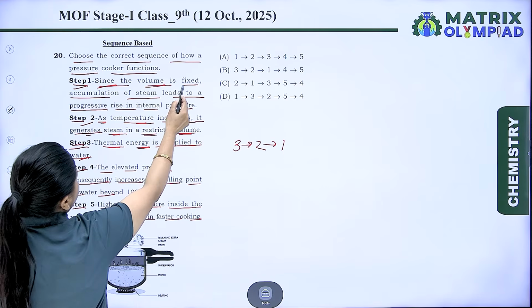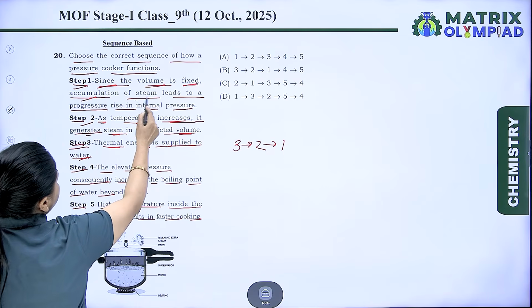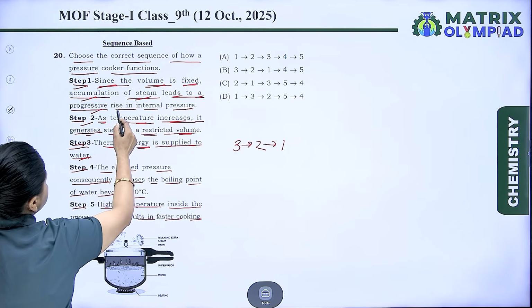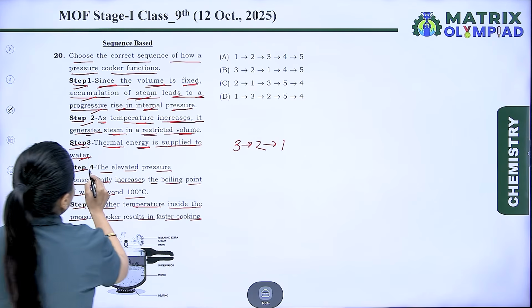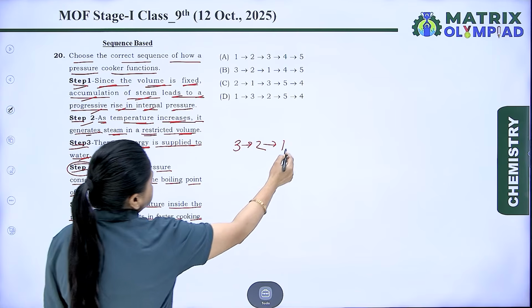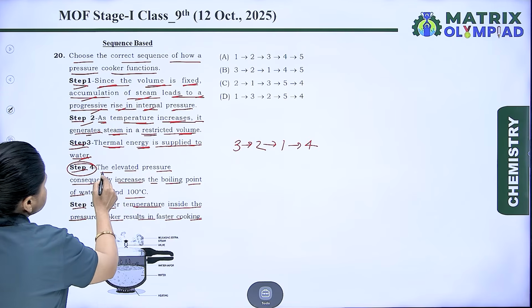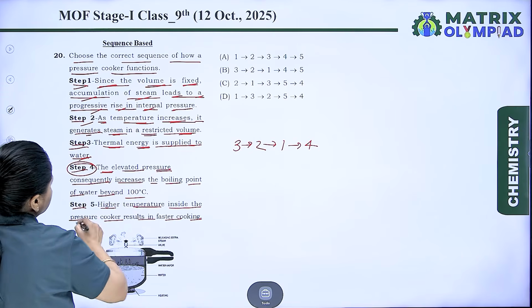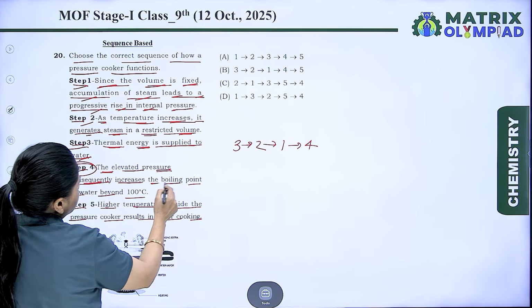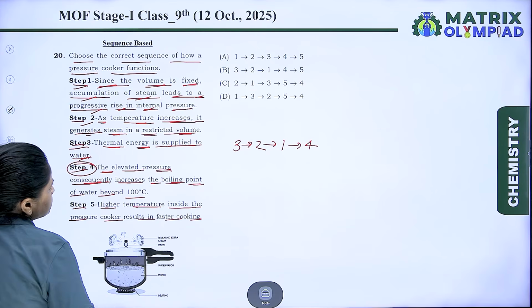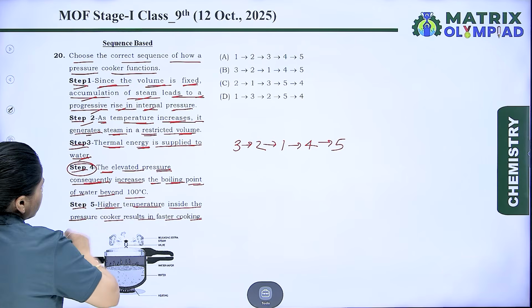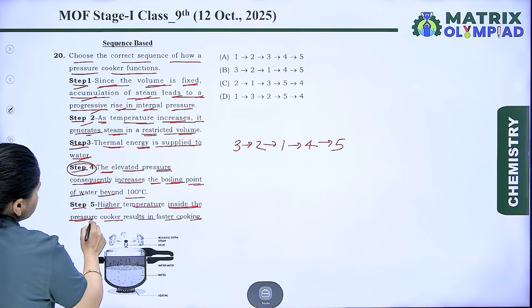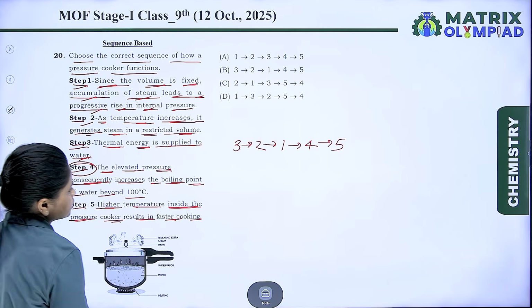Since the volume is fixed, accumulation of steam leads to a progressive rise in internal pressure. Now, after this, fourth step can be taken, that is, the elevated pressure consequently increases the boiling point. At last, the fifth step is taken, that is, higher temperature inside the pressure cooker results in faster cooking.